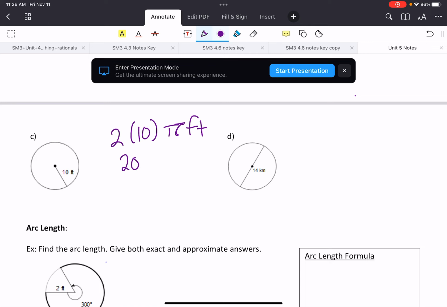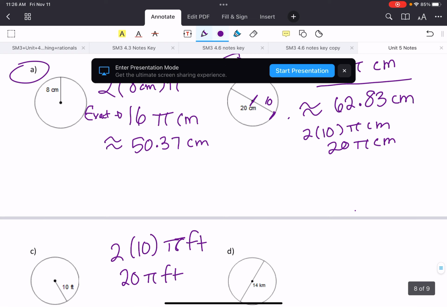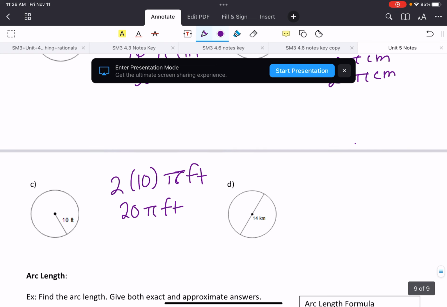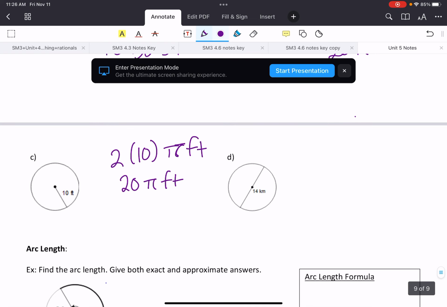So this is 20 pi feet. Not squared, we're just finding circumference. Area, we squared it. We're just multiplying by 2, not squaring it.